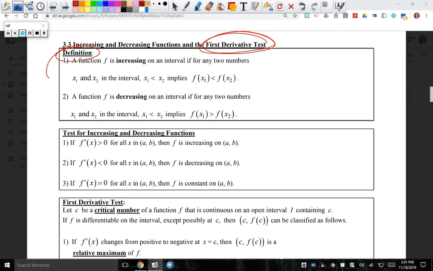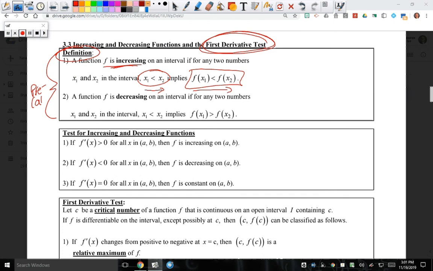This right here is pre-cal interpretation. It's saying a function is increasing between two numbers if as you go to the right, your x values are getting bigger and bigger, and the y values are also getting bigger as you go to the right.